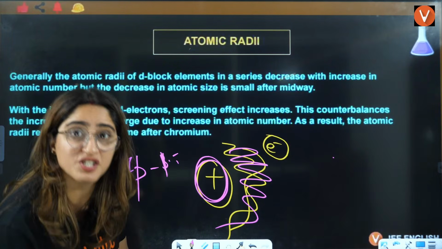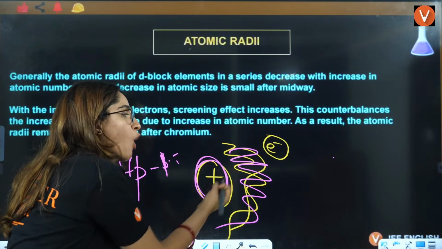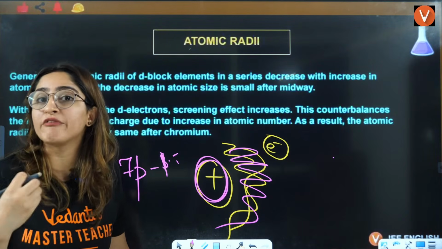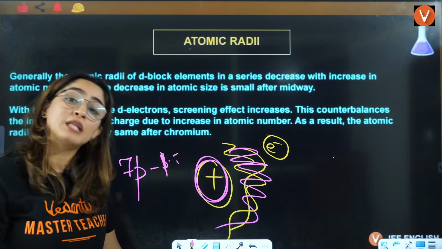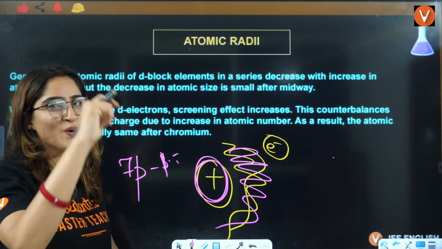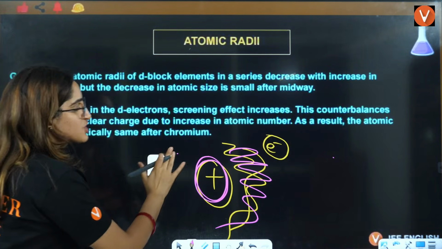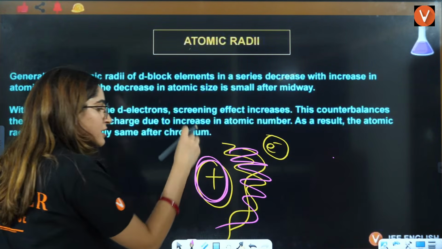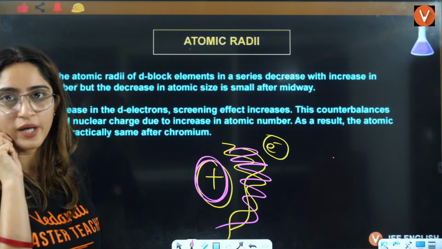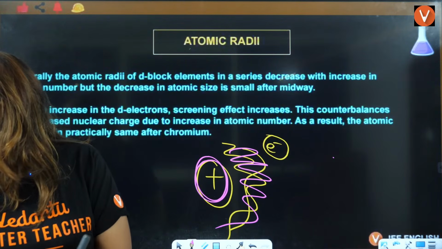Because of this protection, these electrons will not be attracted with that much efficiency. So two things are competing. When the shielding effect is very high, Z effective is less. Nuclear charge decreases. Understood this part, everybody?